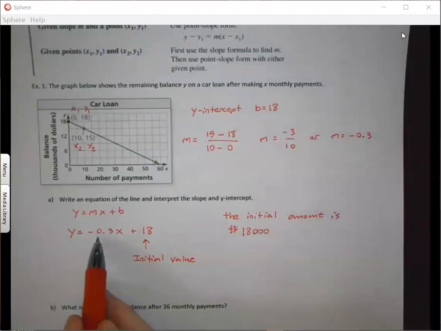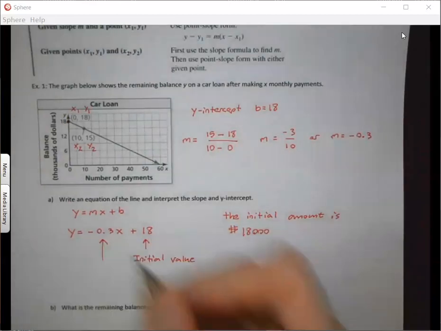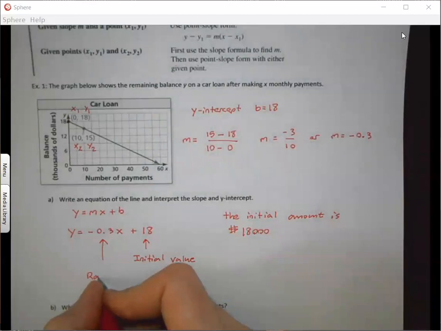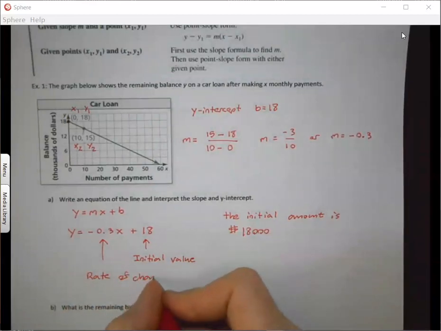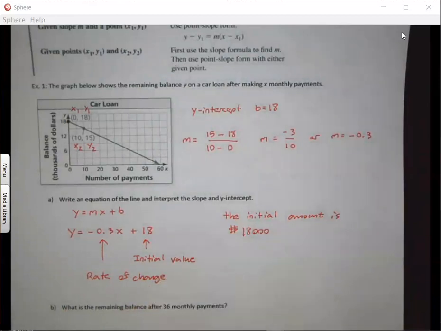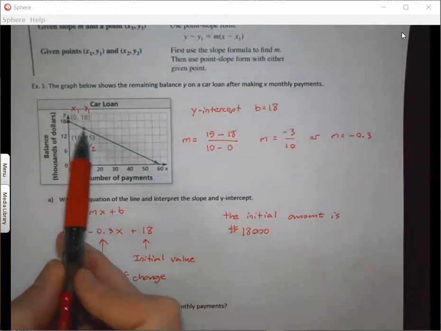Now the slope, also referred to as the rate of change, slope is a description of how much you increase or decrease over a period of time. You can see our slope is negative, we are decreasing.